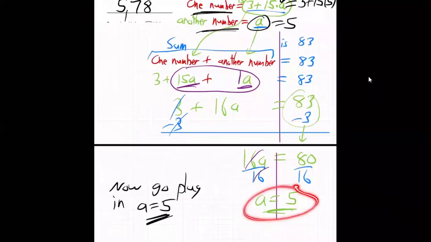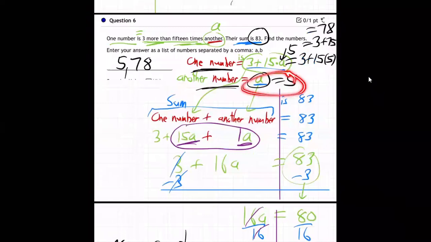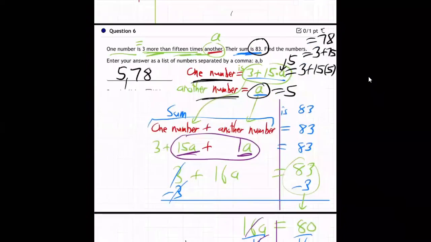Solve for X or A, 5, that's one of the numbers, and now plug that in. Everywhere you see A, the mystery's over. We now know that A is 5. So I plug in 5 for A, work that out, 78. So the two numbers are 5 and 78. See how they really do add to be 83? Those are the two numbers. There we go.